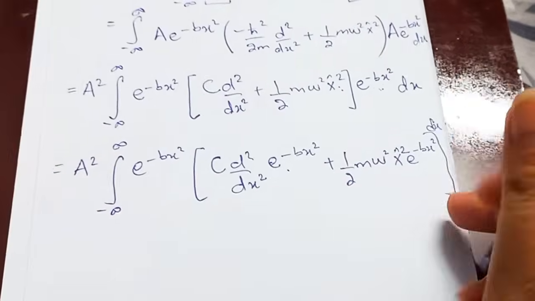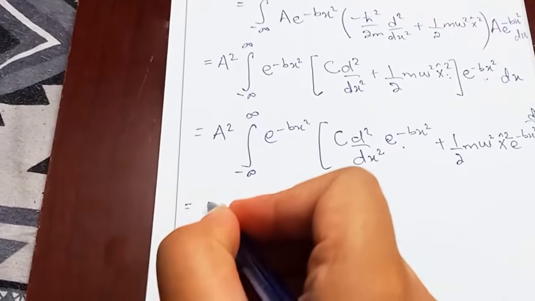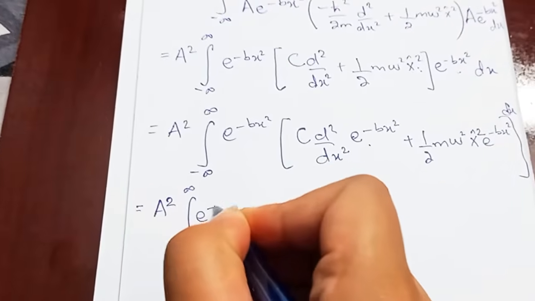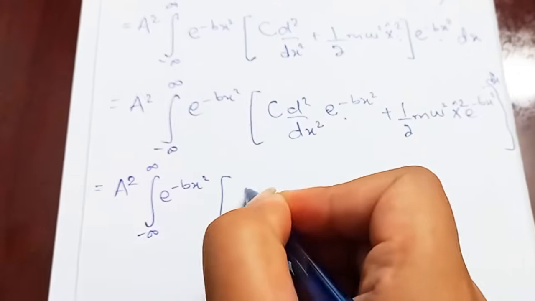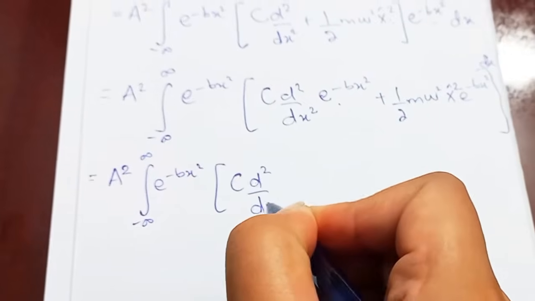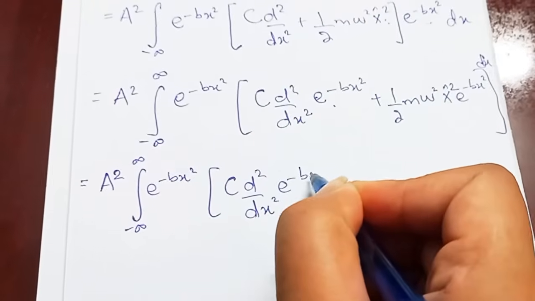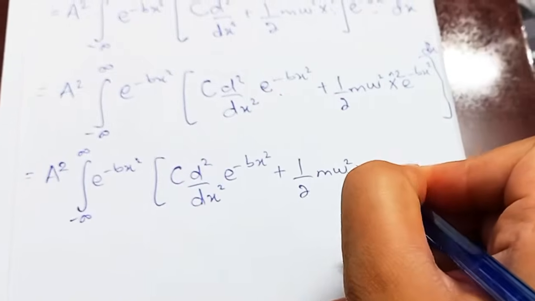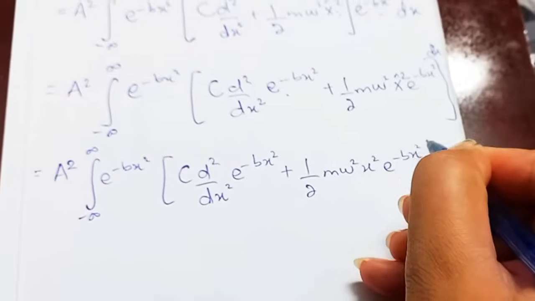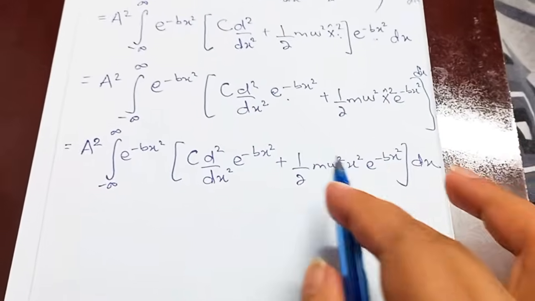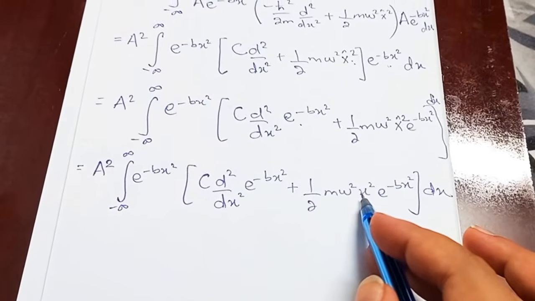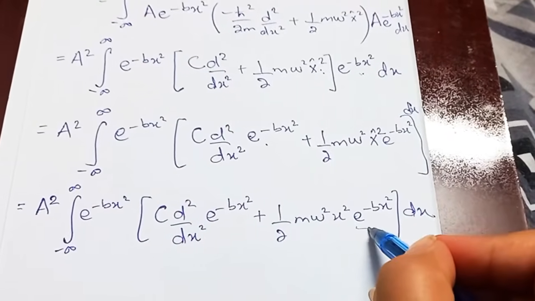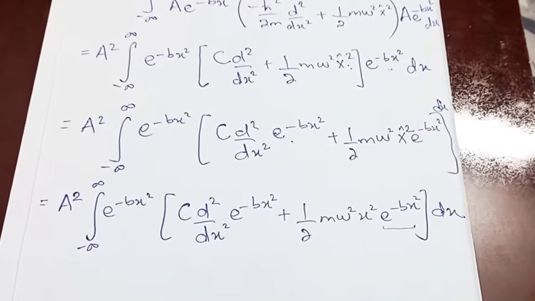And dx is here. Next, let me write it in a clear form: e to the power minus bx squared plus 1/2 m omega square x squared e to the power minus bx squared dx.